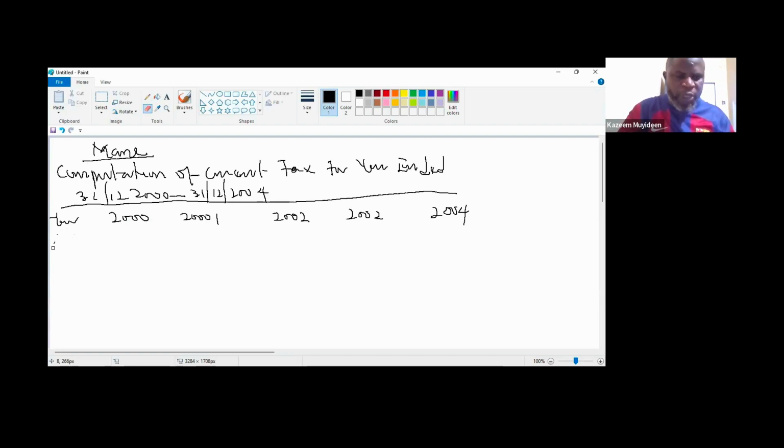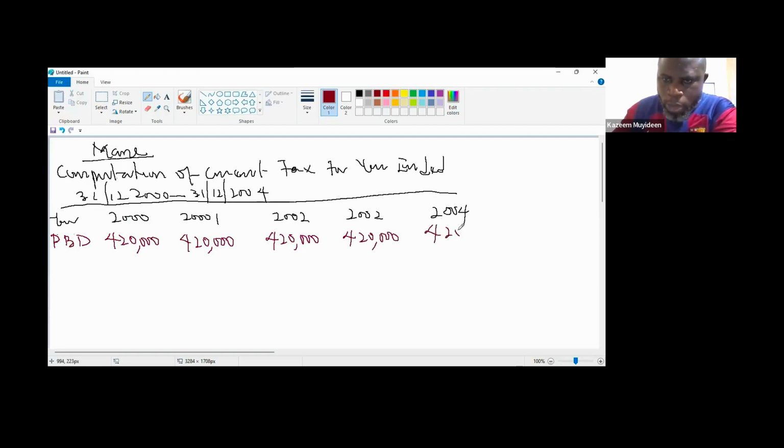Profit before depreciation is 420,000 for each year. We don't need to add back depreciation, and he has not subtracted capital allowance.